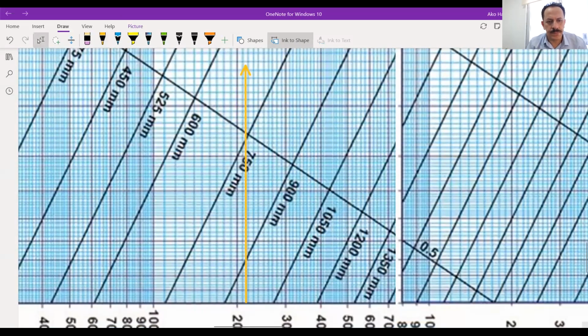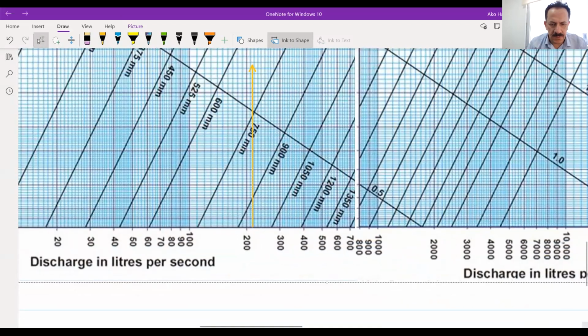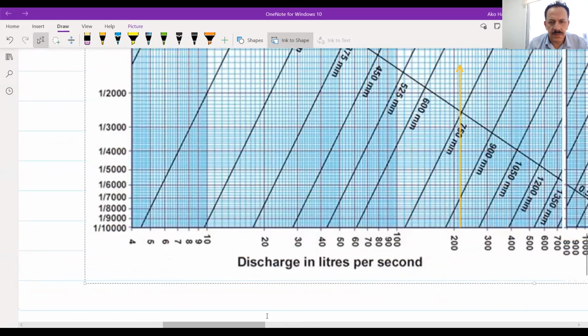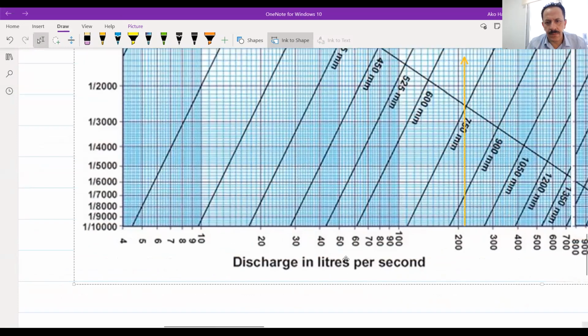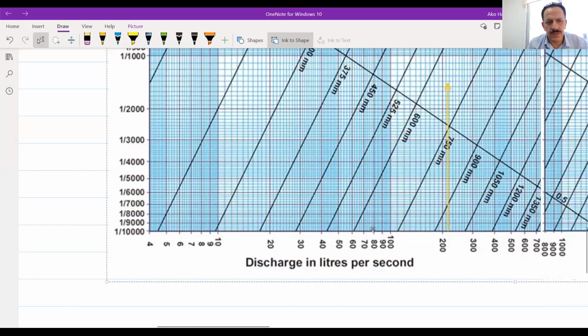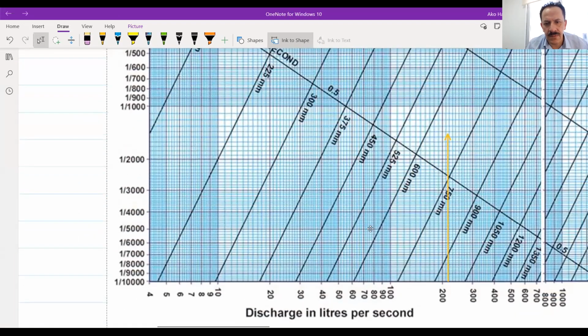So this is 217. What else would I have? I have the S, the slope, which is 2 over 1,000. Where's the 1? Here's the 1 over 1,000.